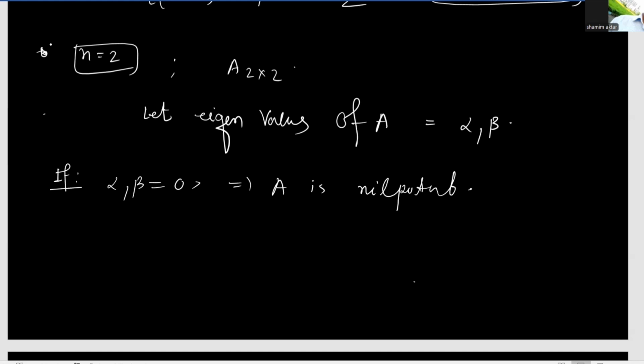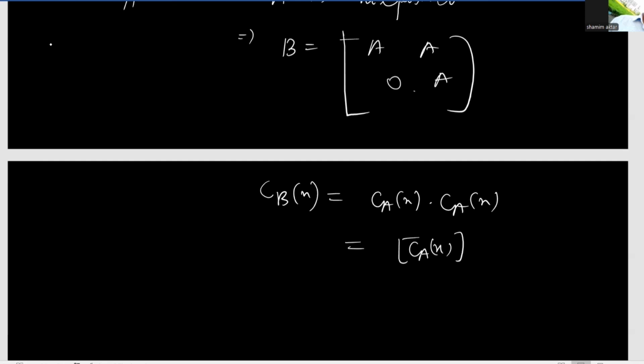Also let B equal [[A, 0], [0, A]]. The characteristic polynomial of B, C_B(x), is equal to the characteristic polynomial of A times the characteristic polynomial of A. So this is equal to C(x) whole squared.